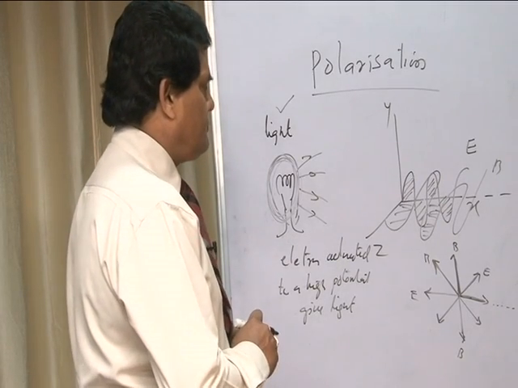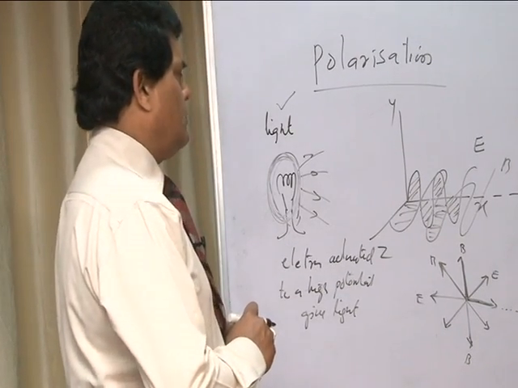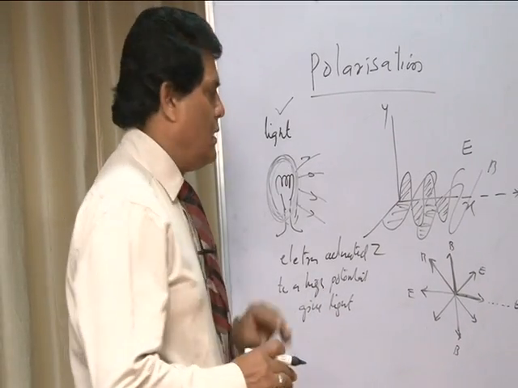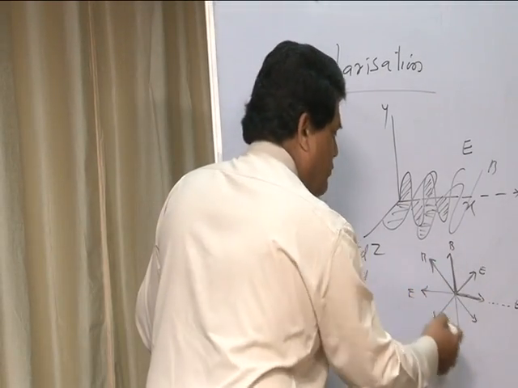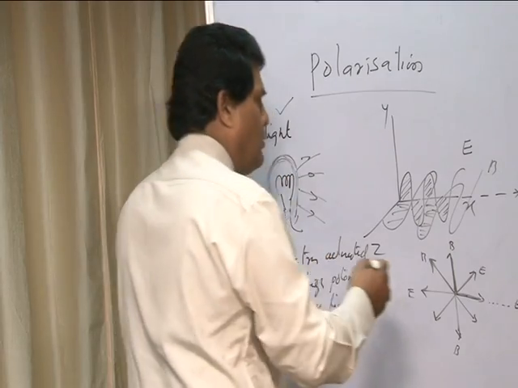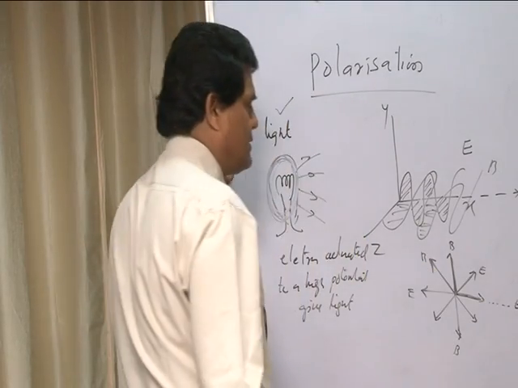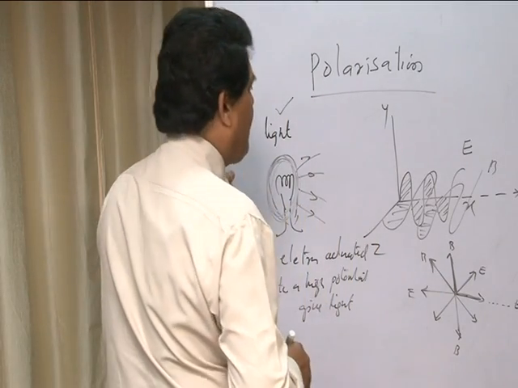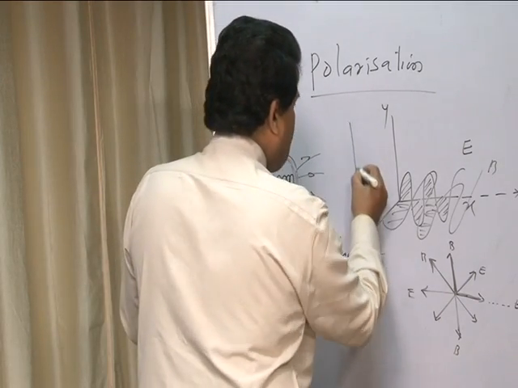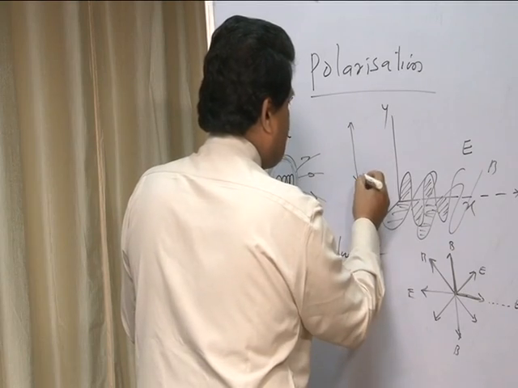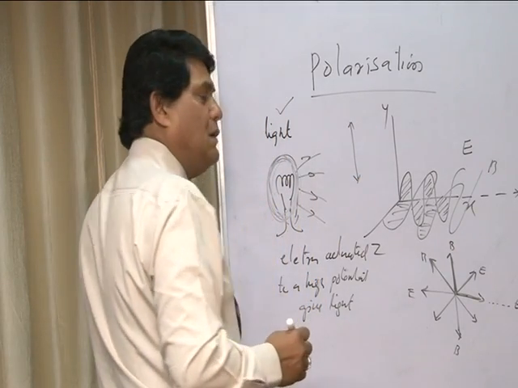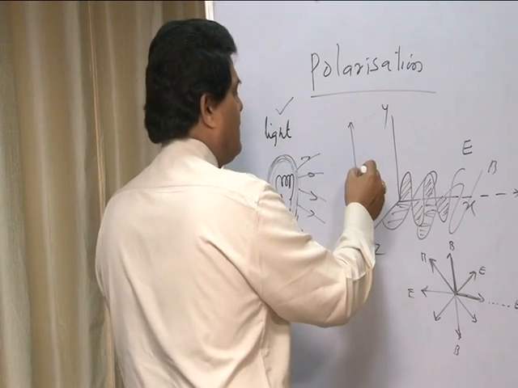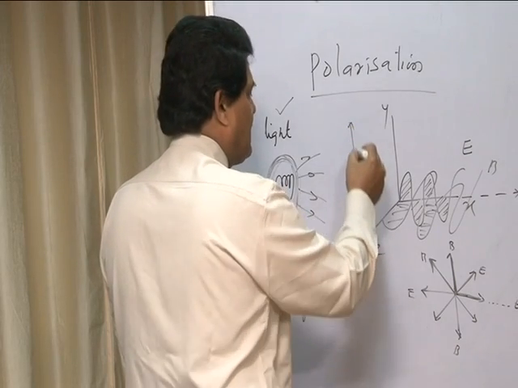Now we wanted to remove all this. Now we wanted the light to be allowed in a particular direction. Say for example, let us imagine that if I write a line like this with an arrow on both sides, this represents that the particle will vibrate along this vertical direction.